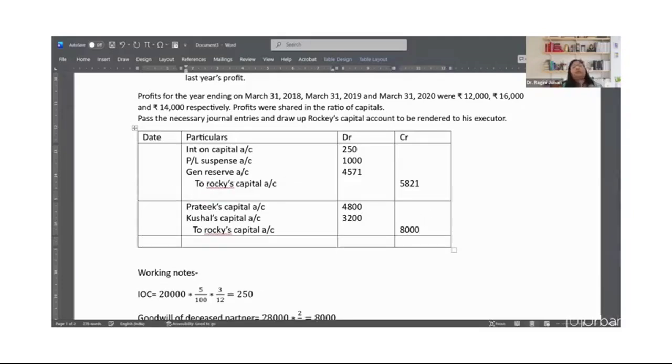Acha, one more thing: please don't forget to write the narration here. For this first journal entry, what should be the narration? That is, being Rocky's share of profit, interest on capital, and his share of general reserve credited to Rocky's account.